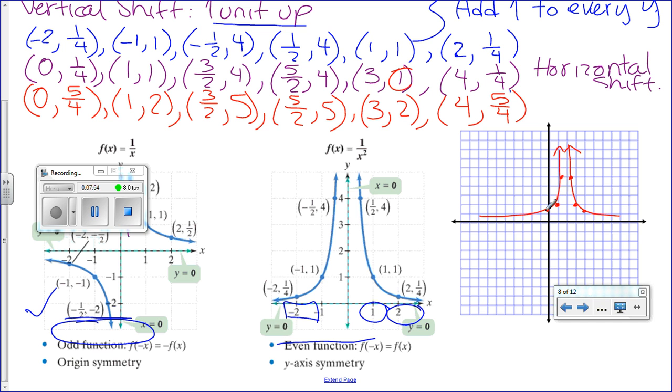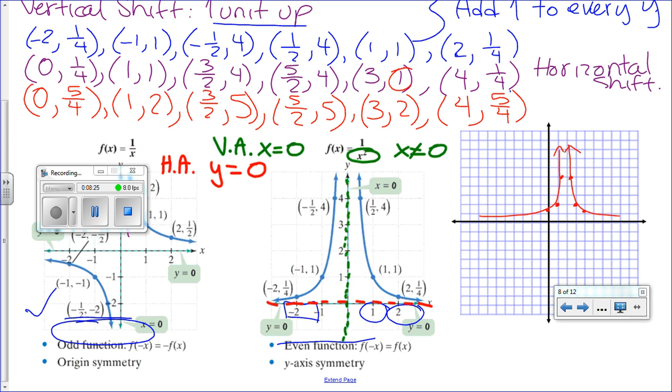Now, if you look at the original function, there is a vertical asymptote on the y-axis. And it happens because we know that x cannot equal 0. Also, we know that this function is bottom heavy, so the vertical asymptote will be the same value as the exclusion from the domain, but the horizontal asymptote, since the function is bottom heavy, is automatically y equals 0.